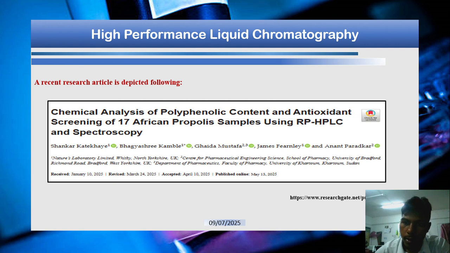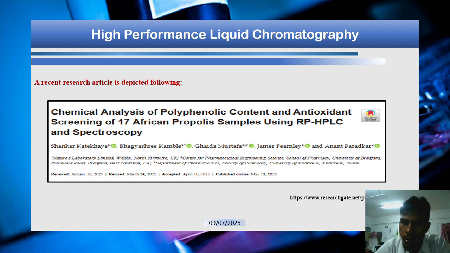To understand the HPLC system and how it works, a recent research article has been used where HPLC systems are directly used. The article was found on ResearchGate, and the title is Chemical Analysis of Polyphenolic Content and Antioxidant Screening of 17 African Propolis Samples using RP-HPLC and spectroscopy.